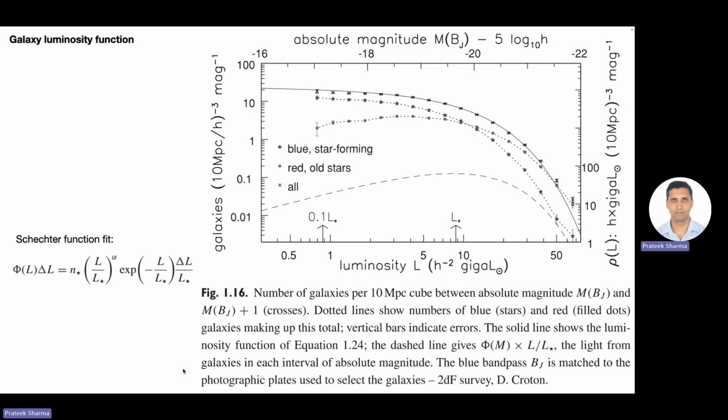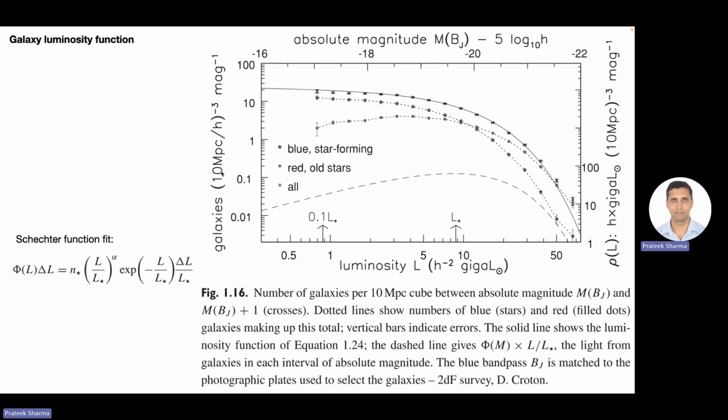That quantity is called the galaxy luminosity function. Okay, and it is sometimes denoted as phi. So this is the number of galaxies per unit magnitude per unit volume.